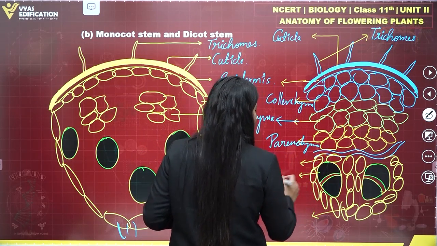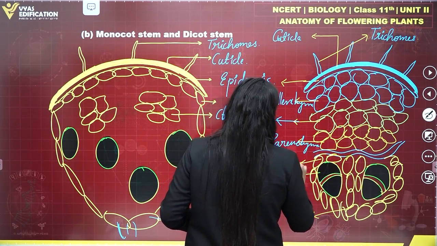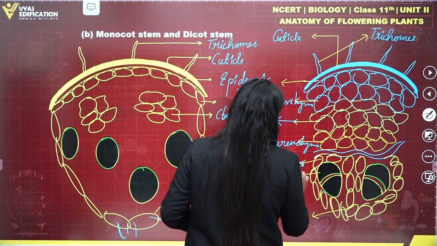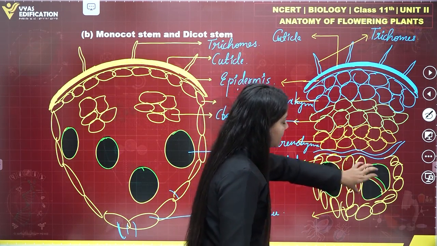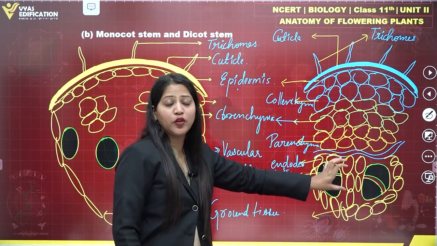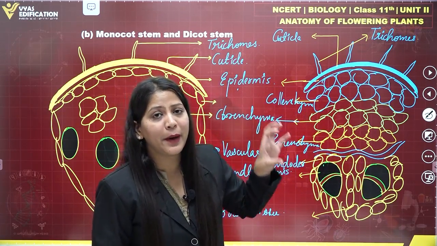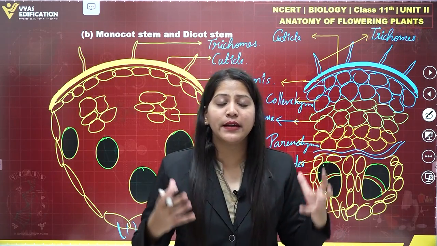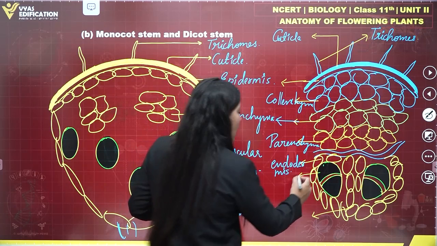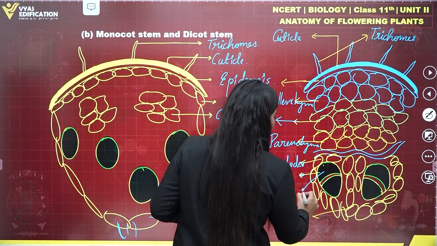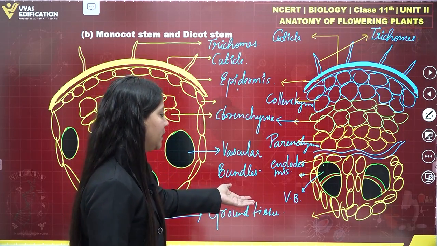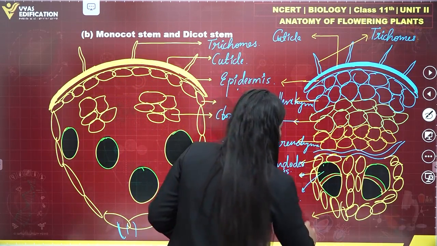Here this layer is representing endodermis, and these are actually representing vascular bundles in dicot stem, which are present in a ring arrangement. So these are vascular bundles. I'm writing VB, vascular bundles. Then this is your pith.